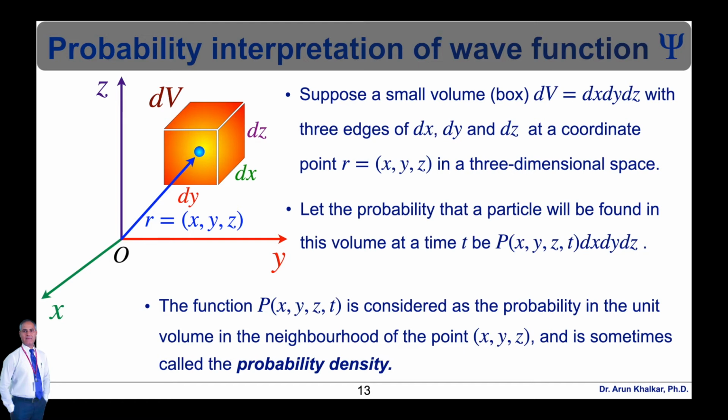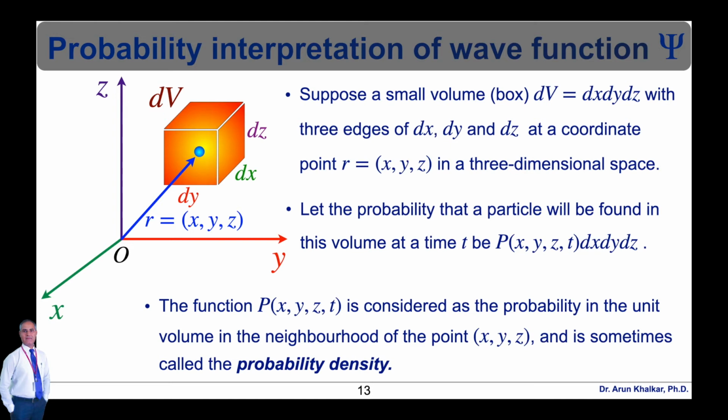Hence, here the word probability was used. This, however, does not mean that the particle, that is an electron, exists in the form of a particle or a corpuscle, and that this particle moves in accordance with the degree of probability.